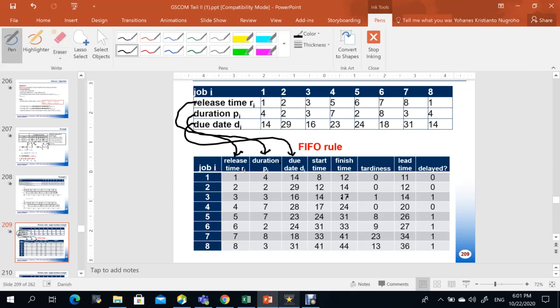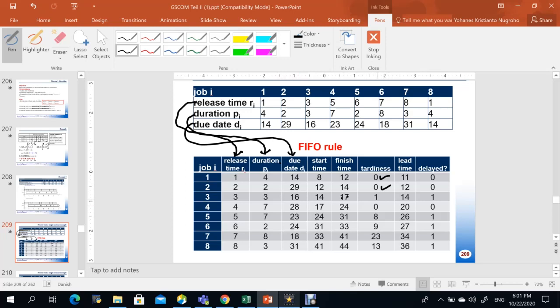For instance, here the finish time for job number 1 is at minute number 12, and the due date is at minute number 14. Okay, let's say our time unit is minutes, right? Because the due date is higher than the finish time, no tardiness. And also here, same for job number 2. 29 is higher than 14, no tardiness.